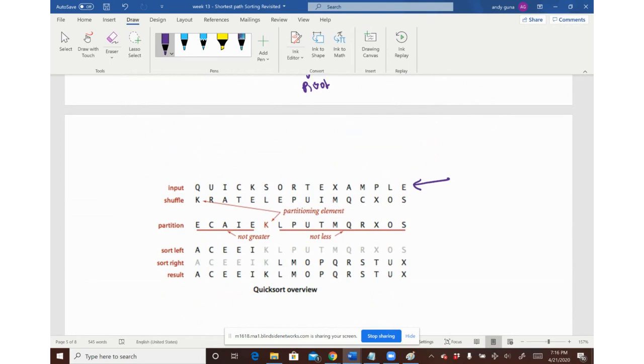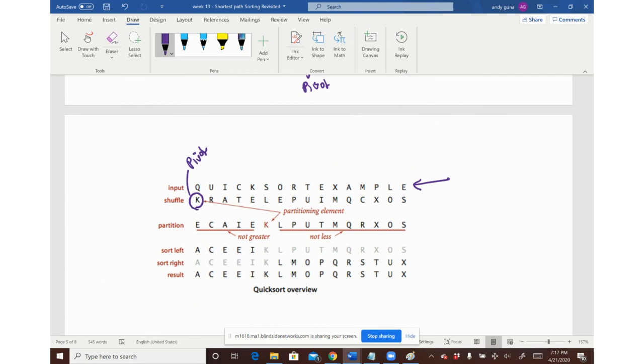One of the first things you do is shuffle this array so that it doesn't have any bias, because if there's bias, quicksort can perform quite badly. After you do a random shuffle, you bring some element to the front. We don't know which one. That element is called the pivot.